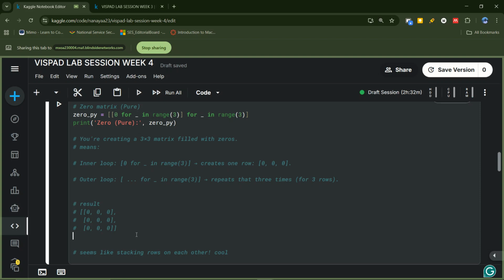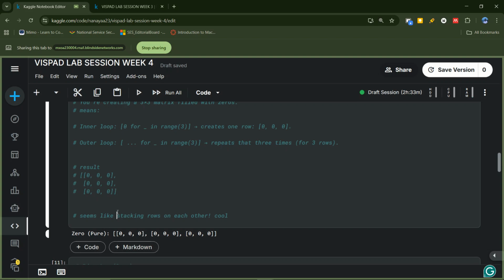As compared to if we have maybe 0, 1, 2, and some other numbers, you can't just mix things up. Why? Because position matters. So it's like you are stacking one row on top of the other, taking position into consideration. So I wrote that it seems like stacking rows on each other.